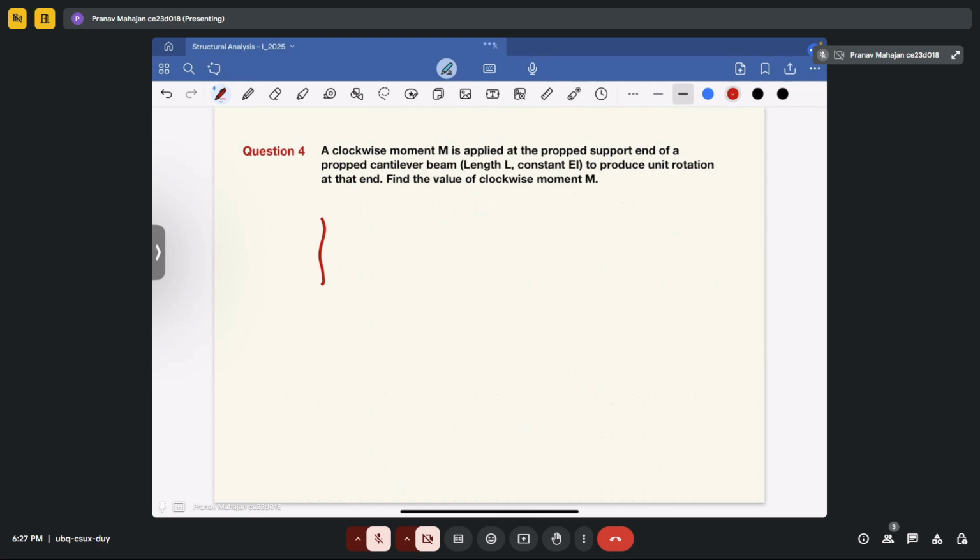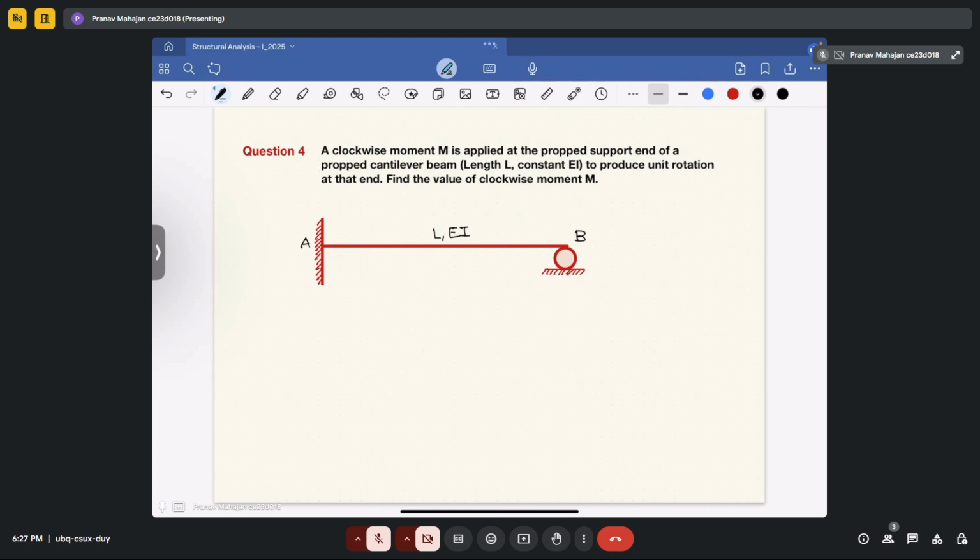Again, we will make one propped cantilever beam having a roller support at one end and a fixed support at the other end. Let's mark them A and B. It has length L and flexural rigidity EI.